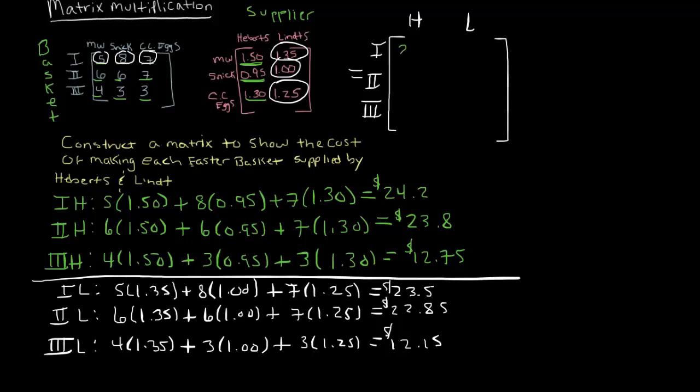That cost a total of $24.20. Basket 2 costs $23.80, and basket 3 cost $12.75. And basket 1 from Lentz costs $23.50, basket 2 $22.85, and basket 3 costs $12.15.